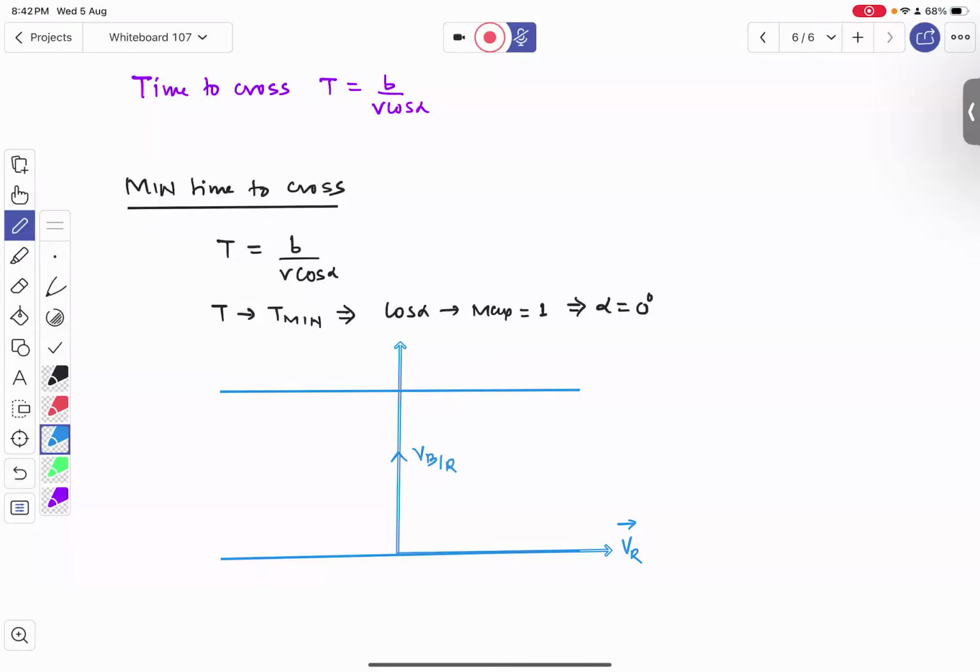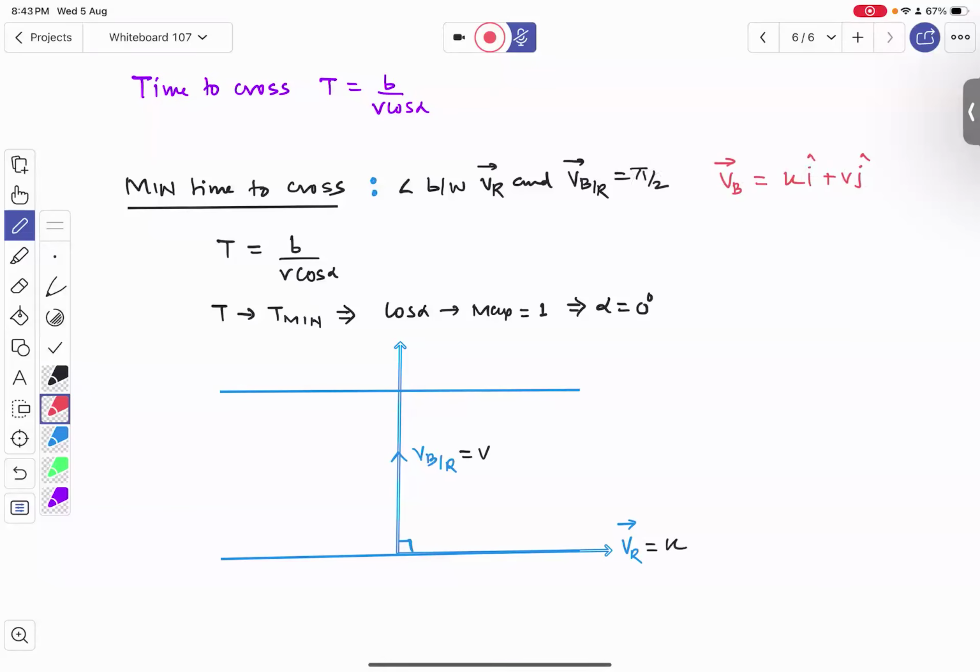In this case, the angle between the VBR vector and the VR vector is going to be 90 degrees. So when we cross the river in minimum time, the angle between the VR vector and the VBR vector is 90 degrees. VBR is V, and this is our U. For this case, the velocity of the boat with respect to the ground frame is U i cap plus V j cap, that's all.